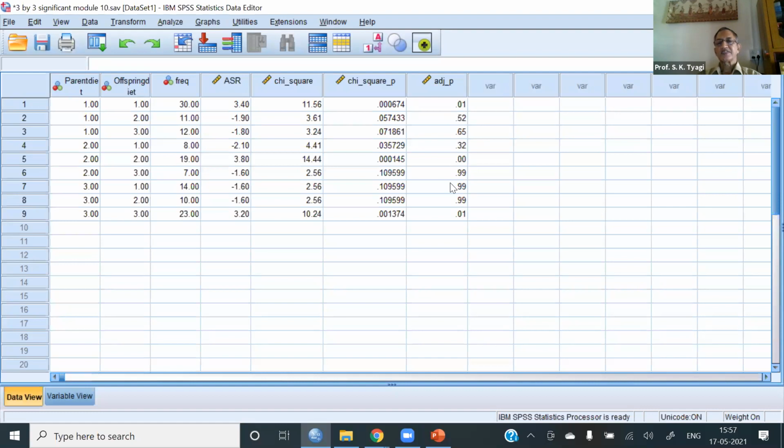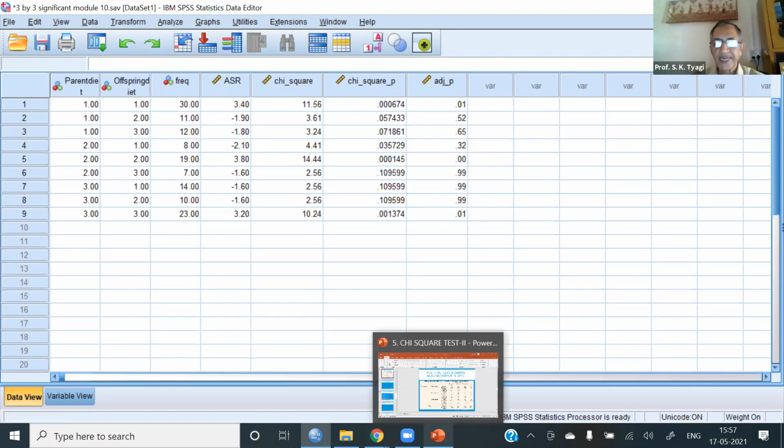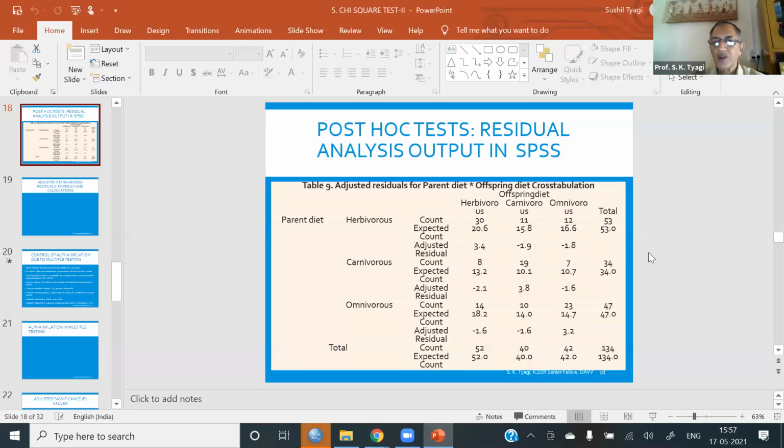So these are the adjusted p-values. Adjusted p: 0.01, 0.52, 0.65, 0.32, 0.00, 0.99, 0.99, 0.99, 0.01. Okay. Now I take this to presentation view.